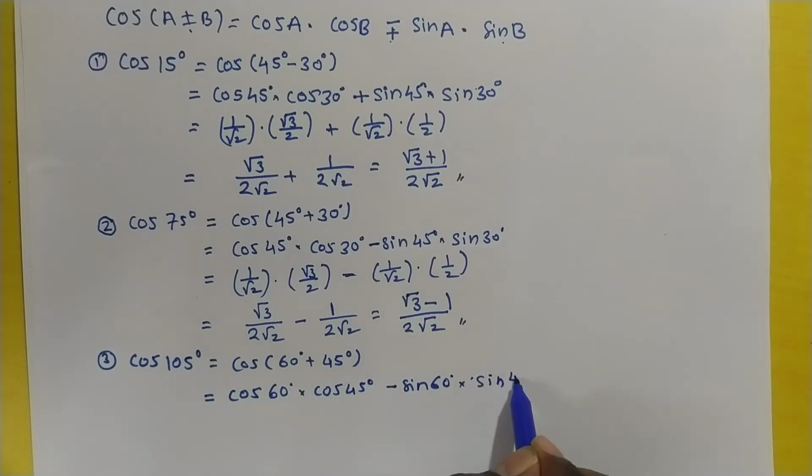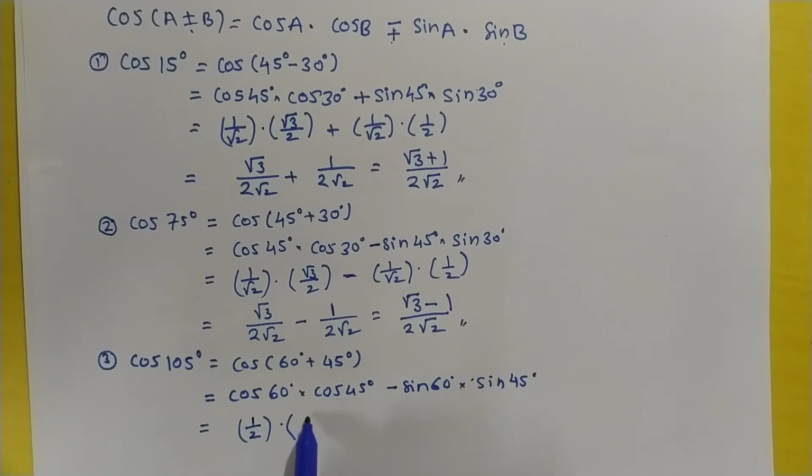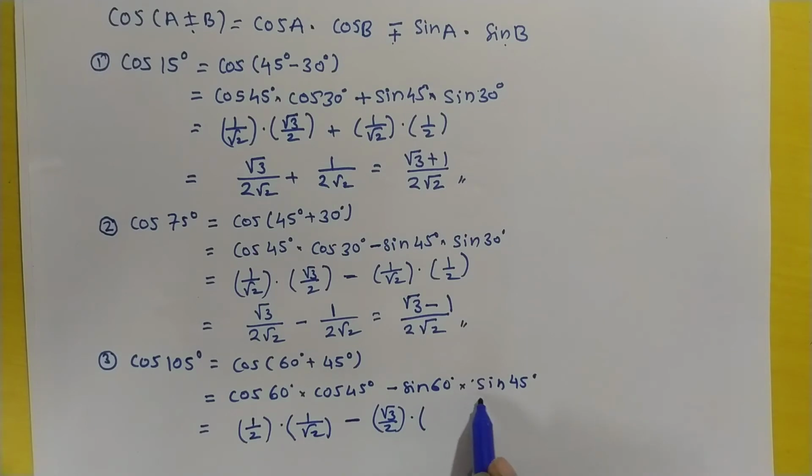We know the values: cos of 60 degree is 1 by 2, cos 45 is 1 upon root 2, minus sin of 60 degree root 3 by 2, sin of 45 is 1 upon root 2. So it is equal to 1 minus root 3 on divide to 2 root 2. So this is the answer.